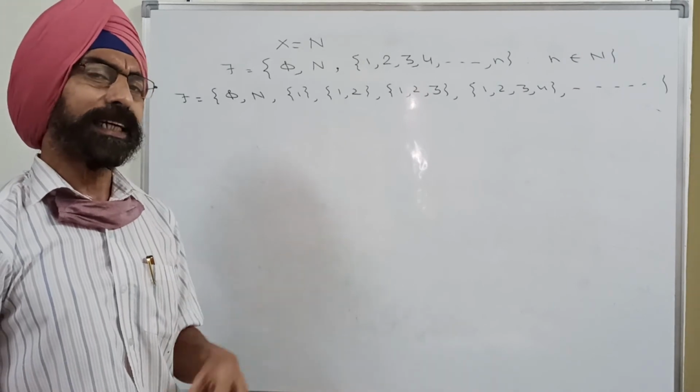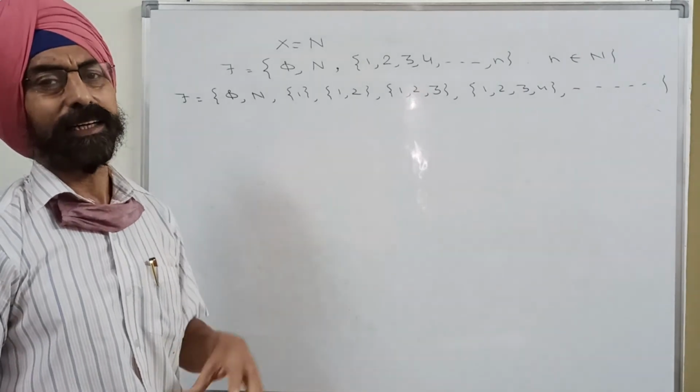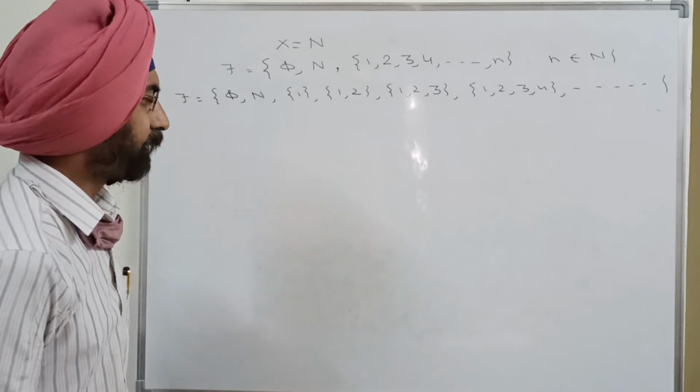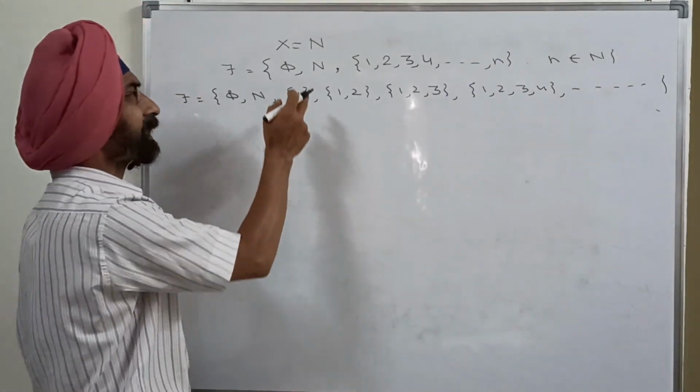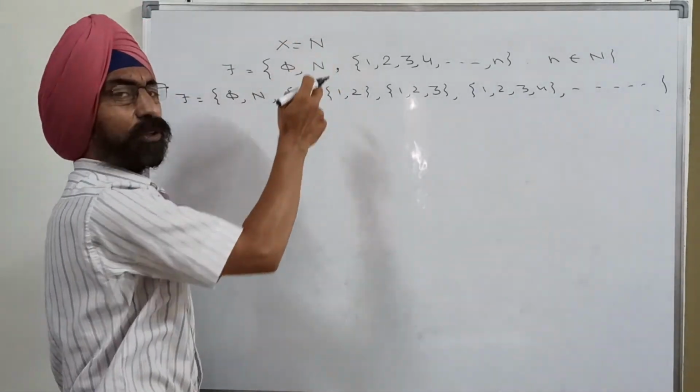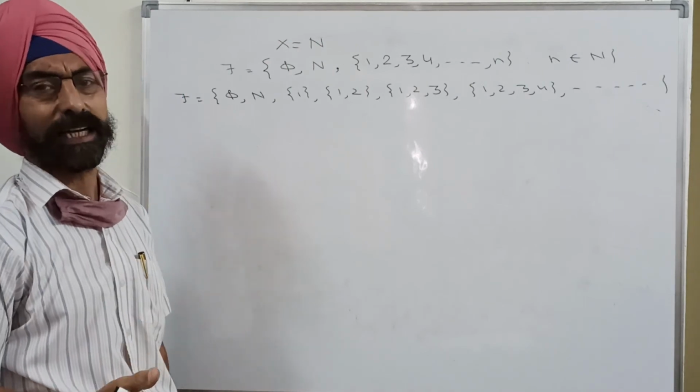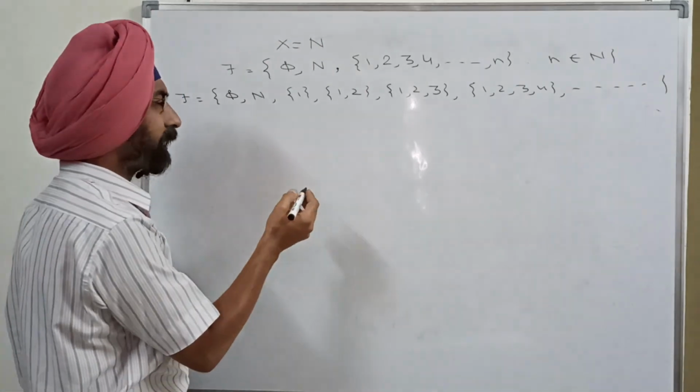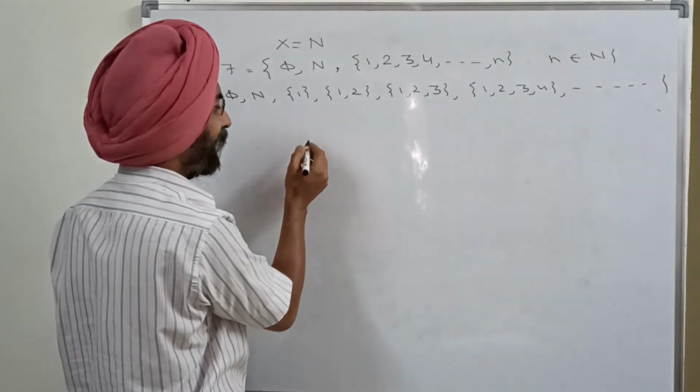Now we are once again to check whether this is a T0 space or not. So let there be two members. Since X is the set of natural numbers, your x and y are now natural numbers. So let us denote them by m and n.